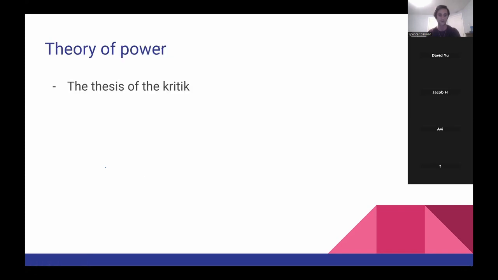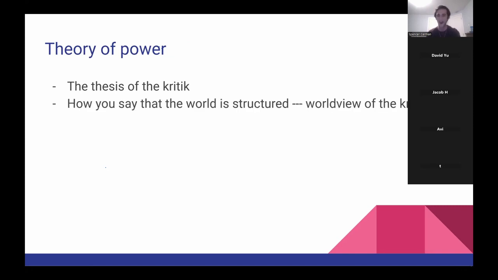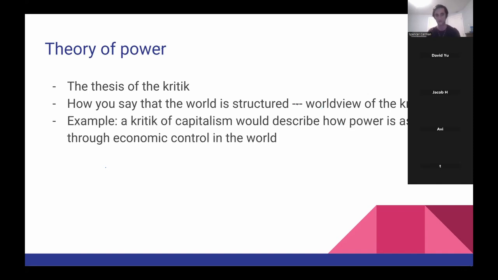So on the theory of power, this is basically the thesis of the critique. So this is more of the big picture view of things. It's how you say, when you're reading the critique, that the world is structured. So it's the sort of worldview of the critique that you're reading. An example of this would be a critique of capitalism, which would describe how power is asserted through economic control of the world.